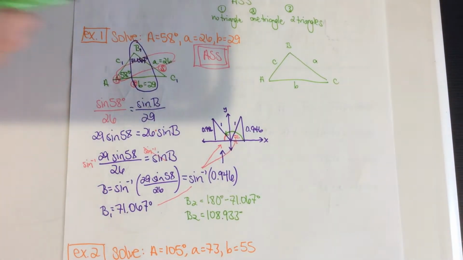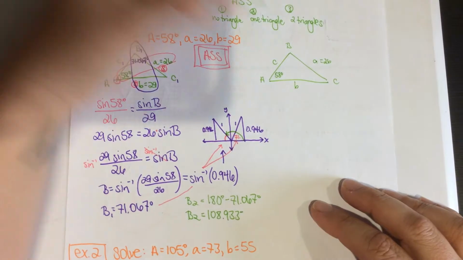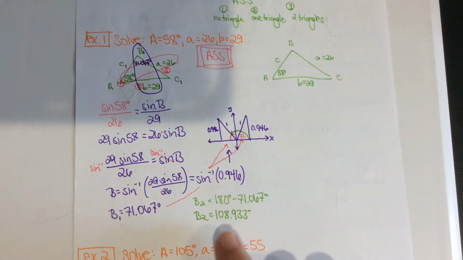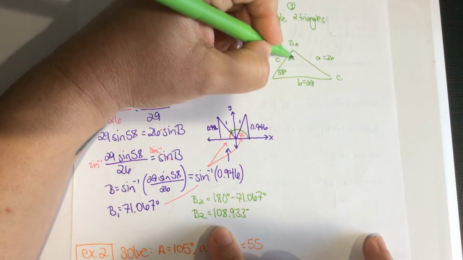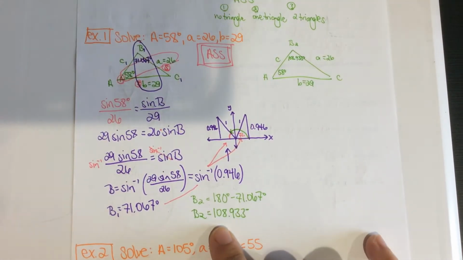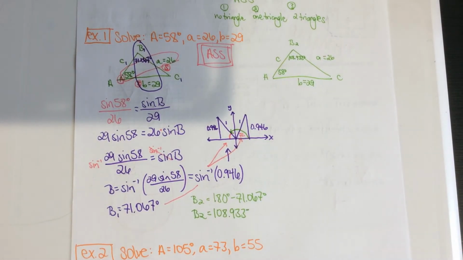So I still have the 58, that's given. I still have the 26. I still have the 29. But now my B2 for my second triangle is 108.933. Okay? So I'm going to keep color coding this.